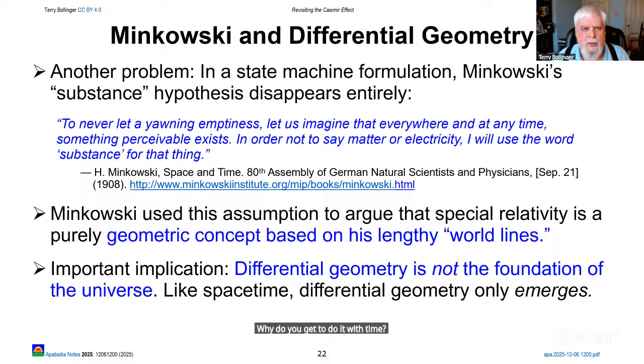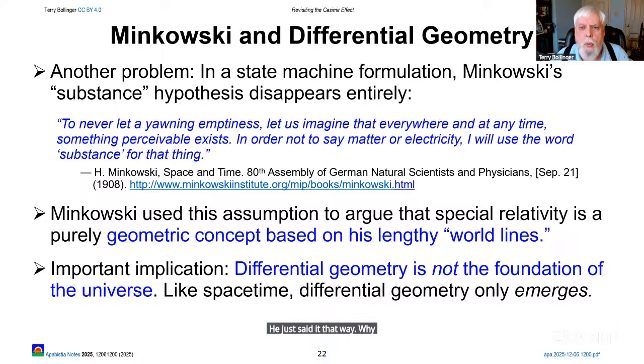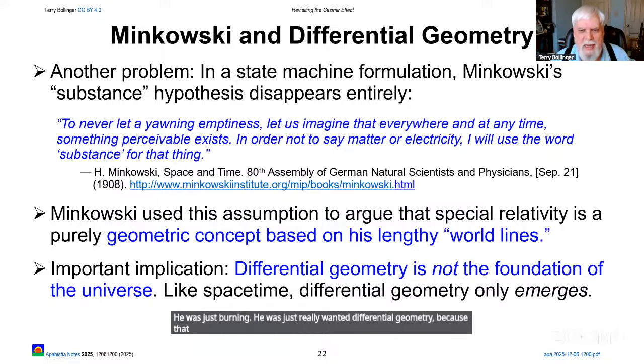And he uses this word substance. This is a philosophical preference, and Minkowski just jammed it in. There's no definition of this that corresponds, like I said, to never let a yawning emptiness. That pretty much summarizes it. He just said it that way. Why did he do that? Because he wanted differential geometry. He really wanted differential geometry because that was kind of his baby.